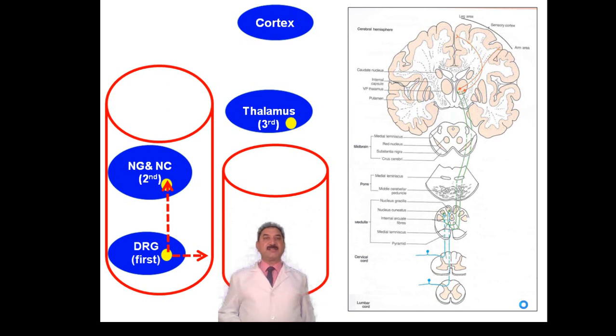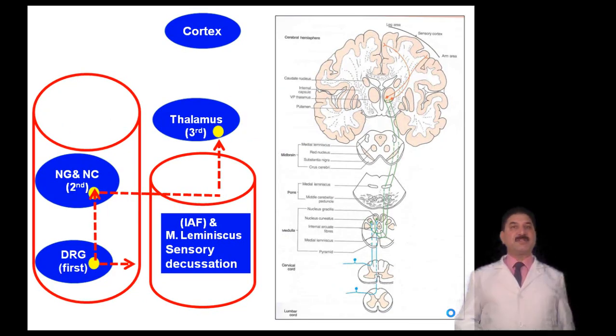From dorsal root ganglion, sensations go to the gracile and cuneate nuclei, which are located in medulla oblongata on the same side. From there, these first order neurons synapse with the second order neurons. The postsynaptic fibers pass anteriorly as internal arcuate fibers, which together constitute medial lemniscus.